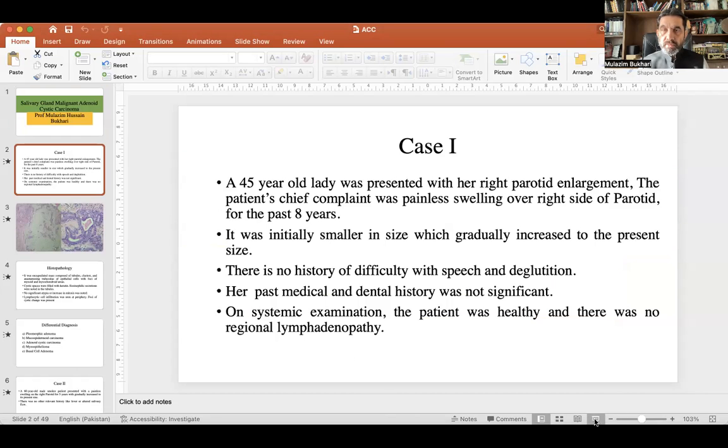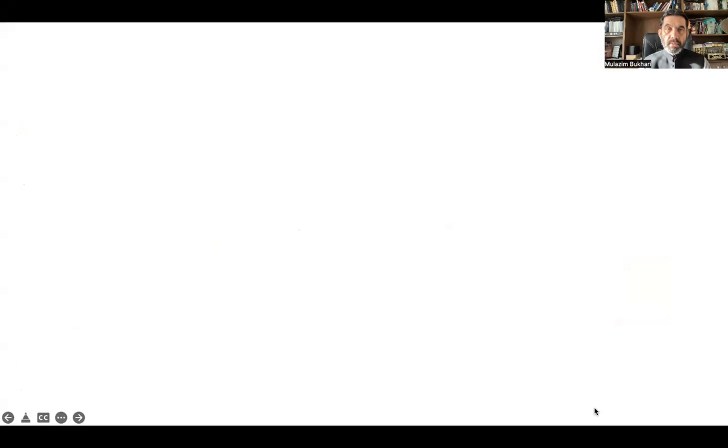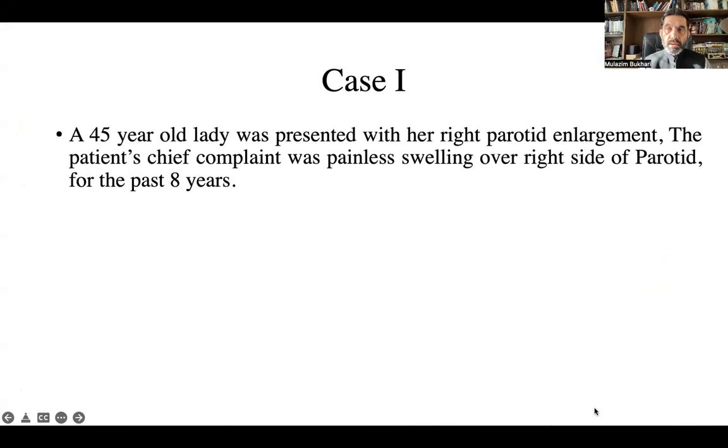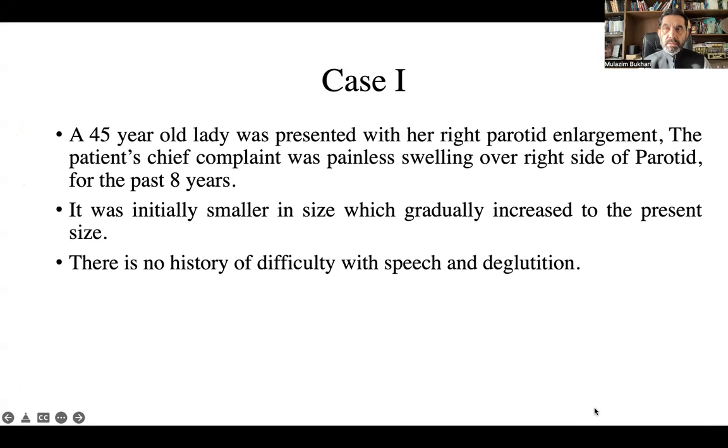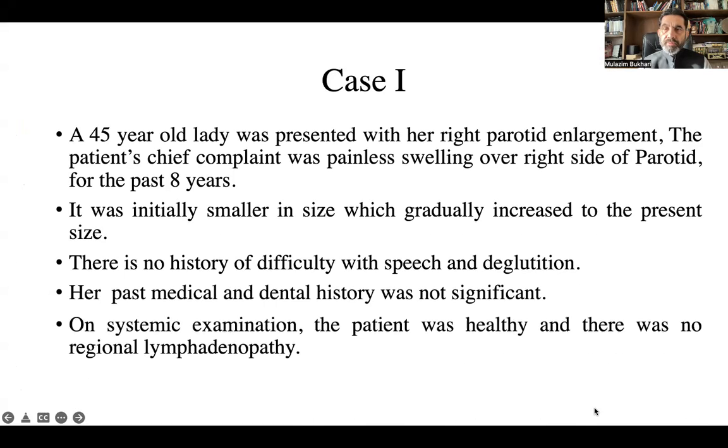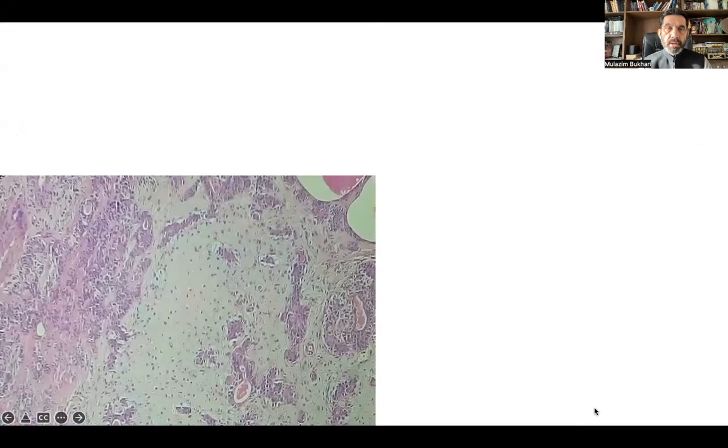The first scenario: a 45-year-old lady presented with a mass for the last 8 years and no other significant history.